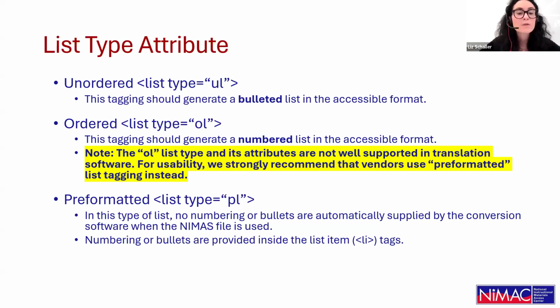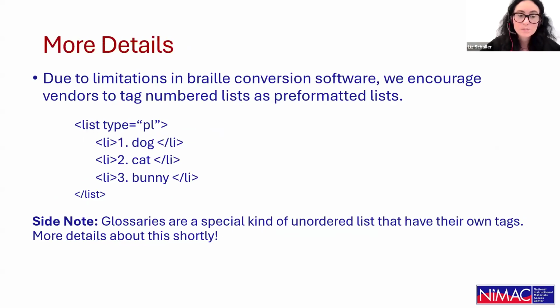But even though ordered lists are technically acceptable for NIMAS, we are highly encouraging folks to use the preformatted list type instead because of the conversion software limitations. You can see an example here of using the preformatted list type to include the numbering within the list item tags itself.